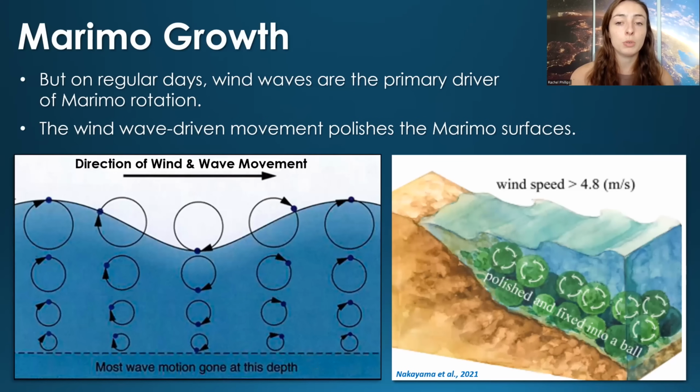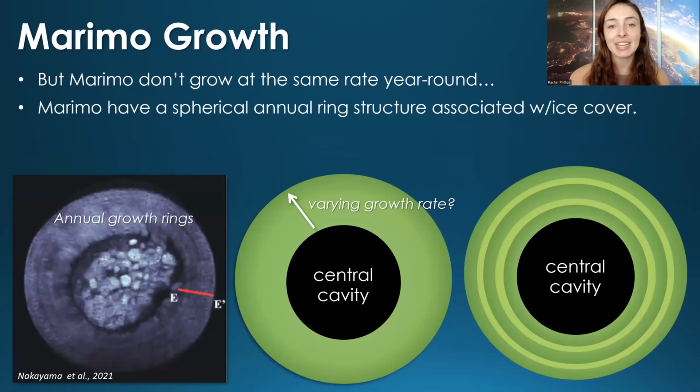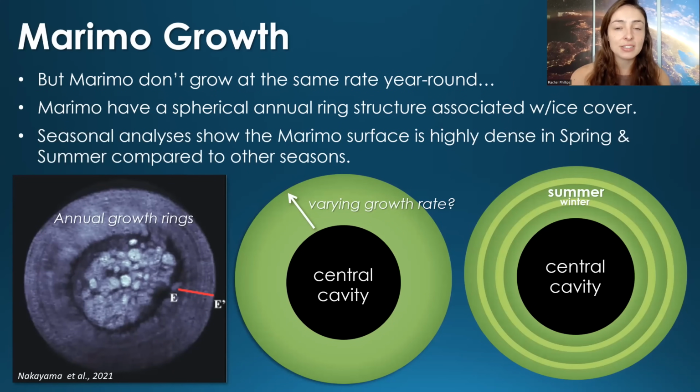The wind wave-driven movement polishes Marimo's surfaces, but these moss balls don't grow at the same rate year-round. They actually have an annual ring structure associated with ice cover. Seasonal analyses show that Marimo surfaces are highly dense in the spring and summer compared to fall and winter.